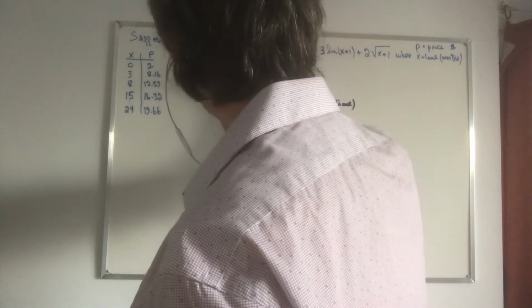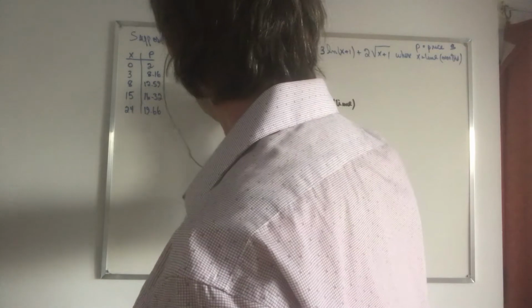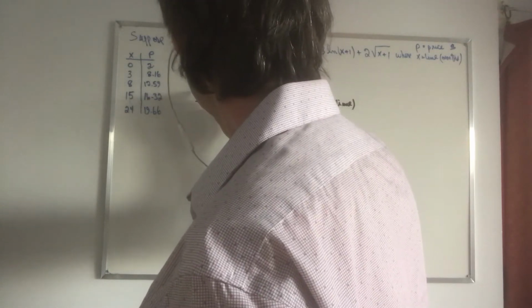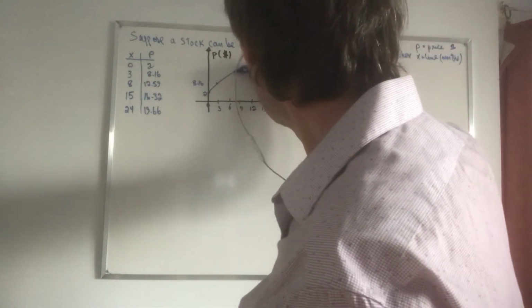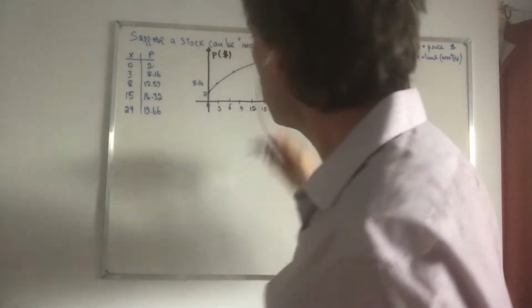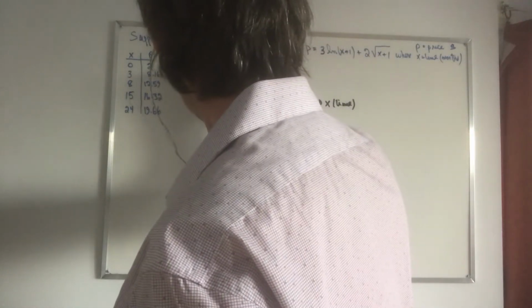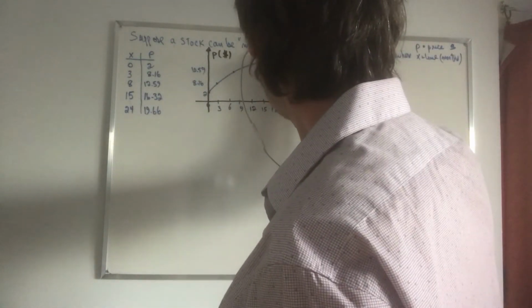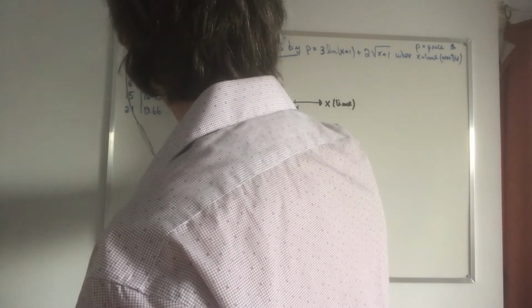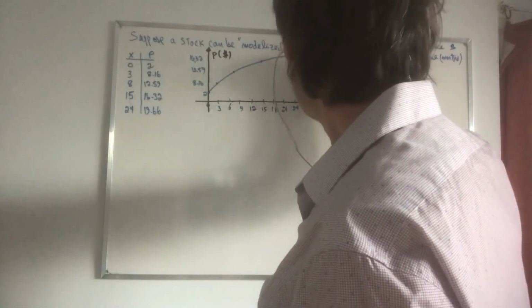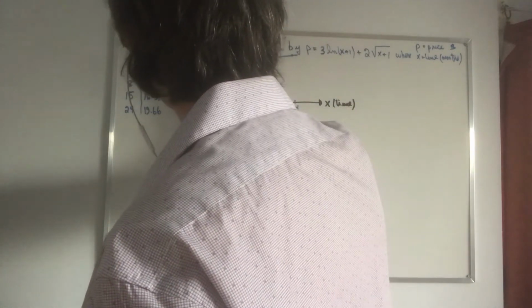So 0, 2 like we put here, 3 at a value of 8.16. We have 8 here, which corresponds to 12.59. We have 15 over here, which corresponds to about 16.32. And we will have here 24, which corresponds to 19.66.